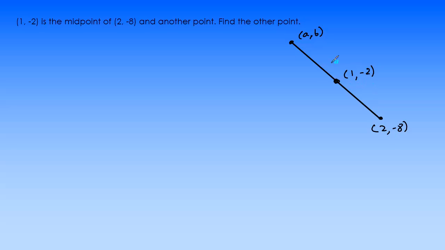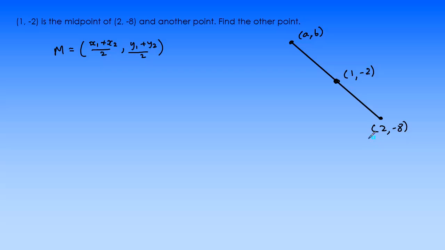Now there's a couple of different ways of us finding out what (a, b) is, and I'm going to go through both. So one of them is to use the formula. We know the midpoint is x1 plus x2 over 2, and y1 plus y2 over 2.